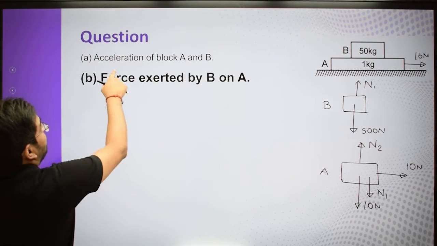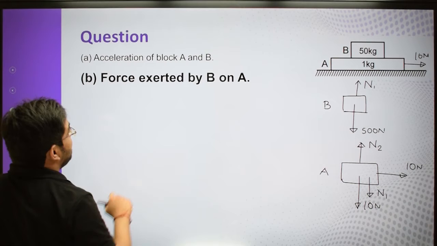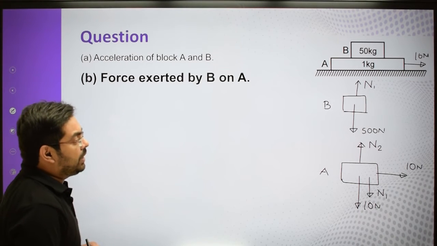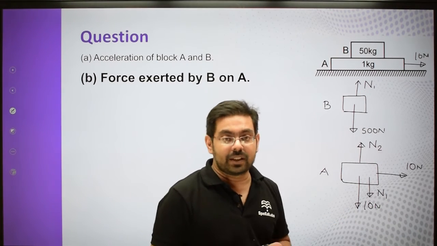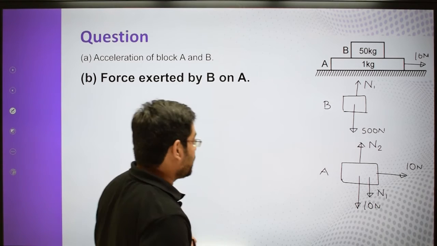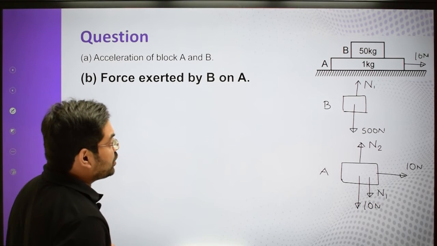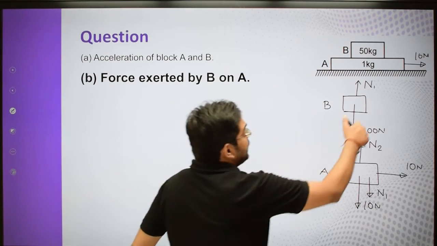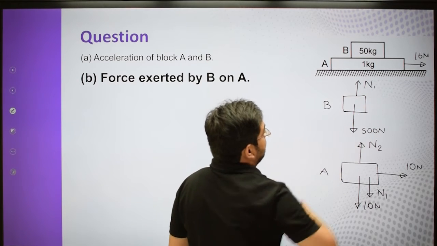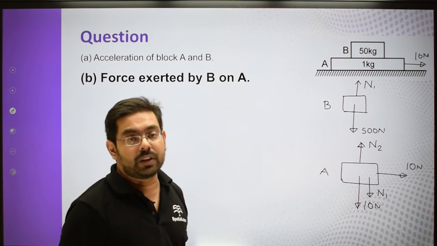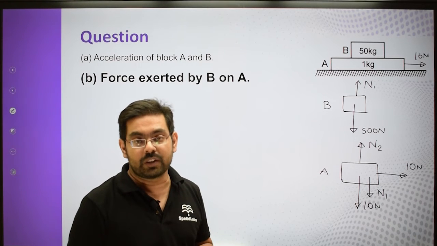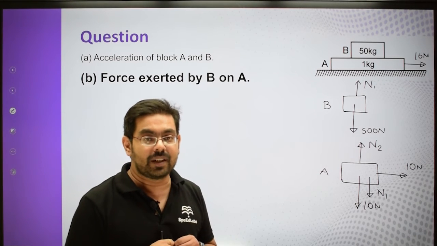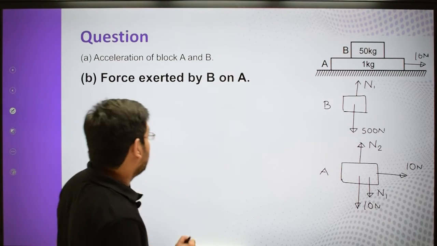Now, the two questions are the acceleration of blocks A and B and the force exerted by B on A, that is the normal force N1. These are the two quantities we need to calculate. So, first of all, if we talk about block B, there is no horizontal force. On block B, you can see that there is no horizontal force, only forces in the y direction are present.